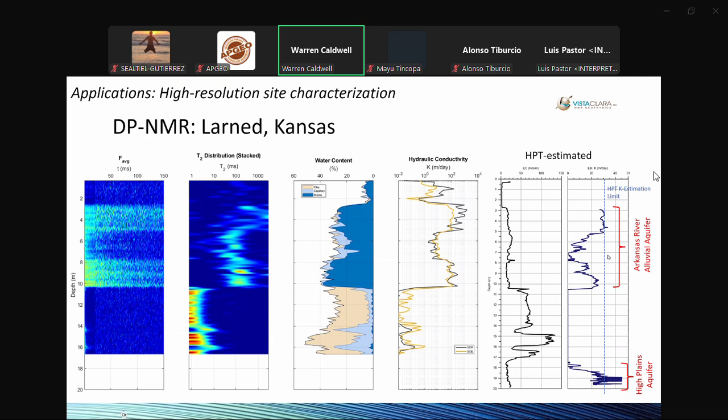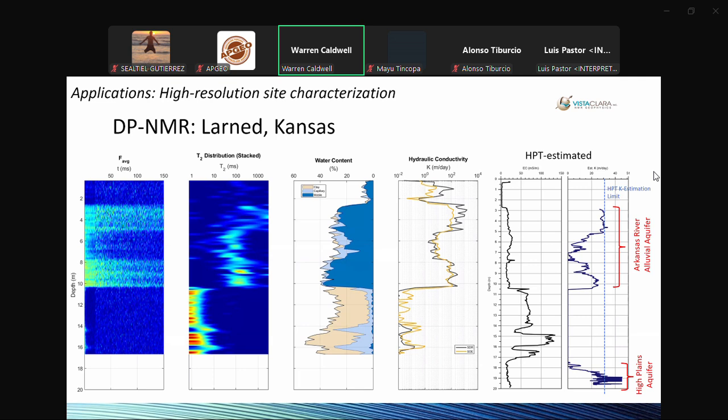So it's limited to estimating an upper limit of about 30 meters a day that can be measured with the hydraulic profiling tool. Whereas NMR can estimate much higher hydraulic conductivities.